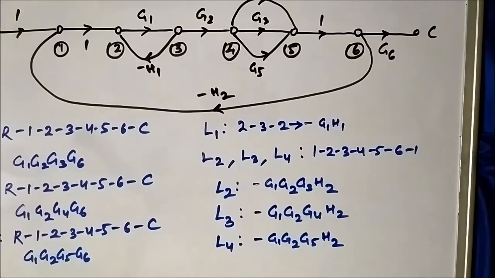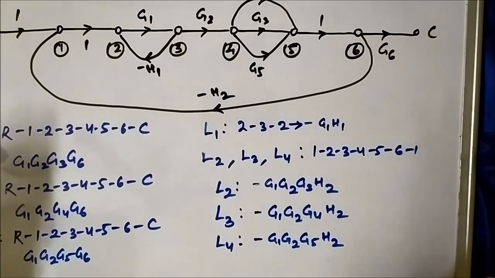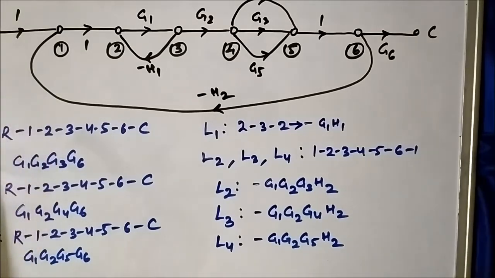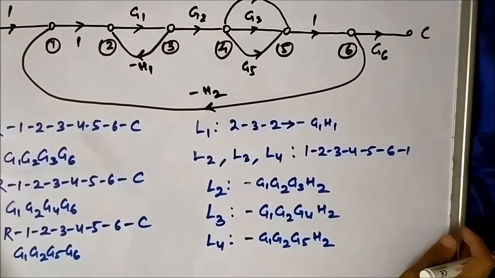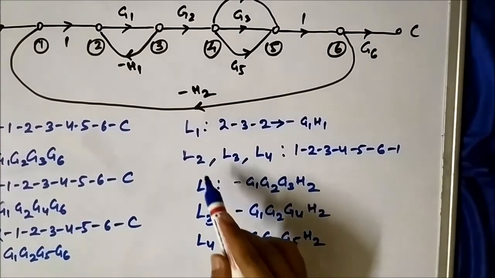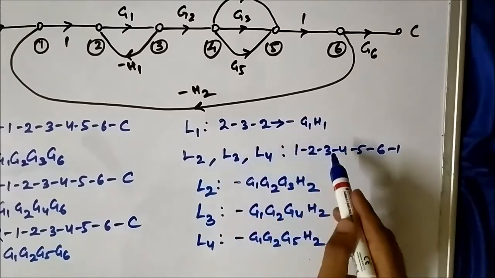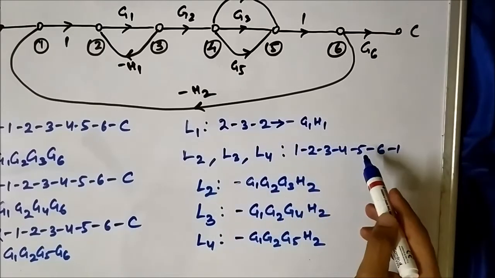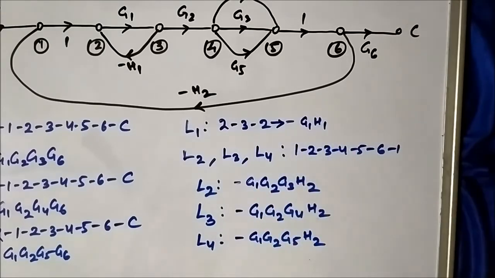Now let us determine the path factors and the touching and non-touching loops. So first let us determine the touching and non-touching loops. Here it is easy, as loops L2, L3 and L4 have the same nodal representations, so we can directly compare them.